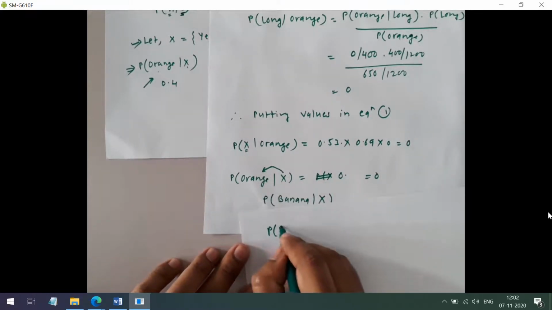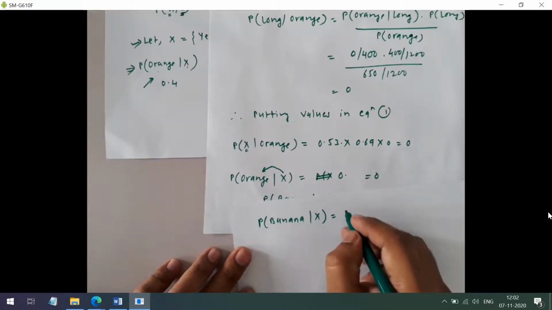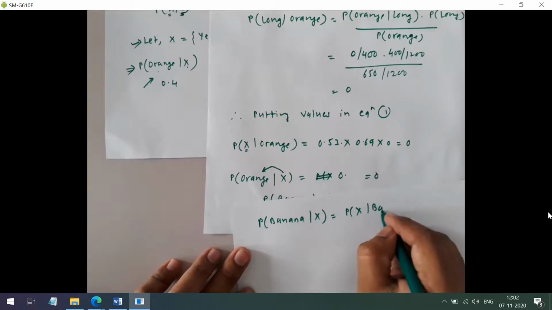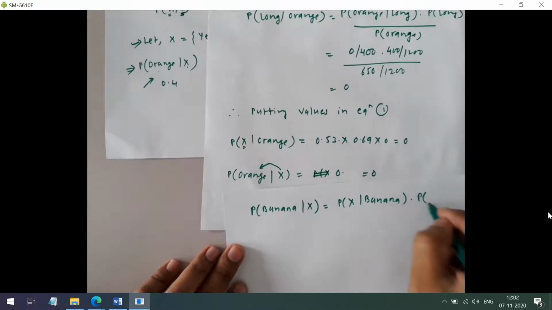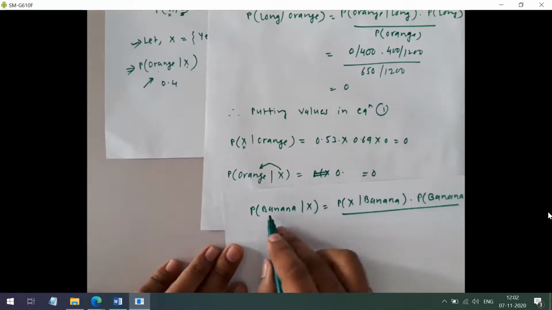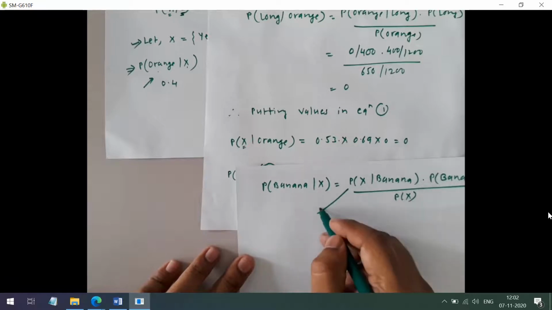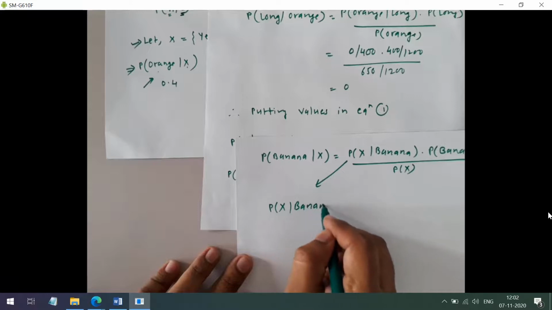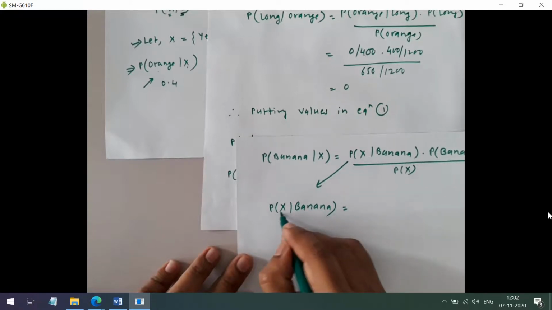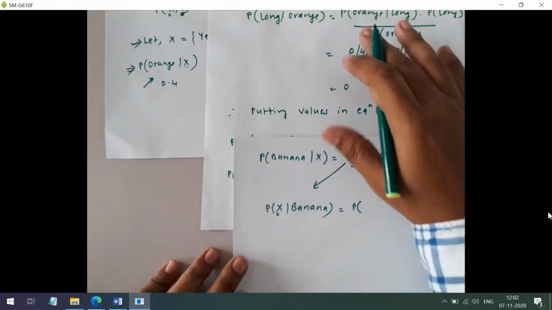So probability of banana given x is nothing but probability of x given banana into the probability of banana, divided by probability of x. First we have to calculate the probability of x belonging to banana. And this x consists of 3 terms, so it is nothing but probability of x is what?